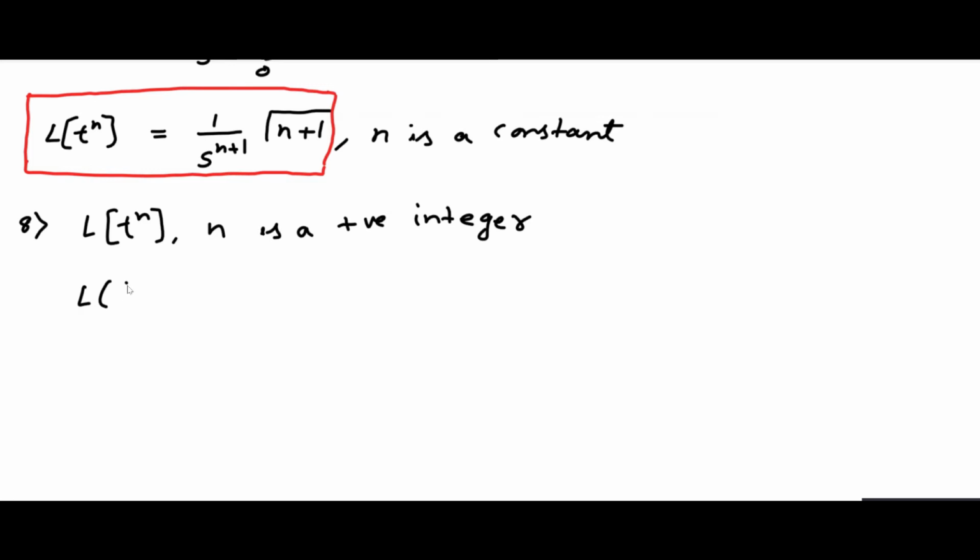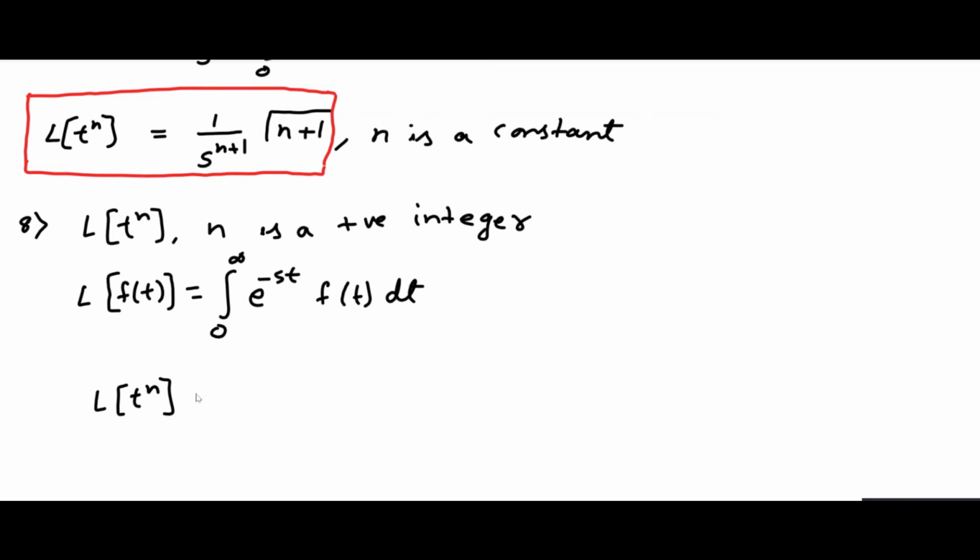We know the formula for the Laplace transform of f of t: it equals the integral from 0 to infinity of e power of minus st f of t dt. I'll replace f of t with t power of n.